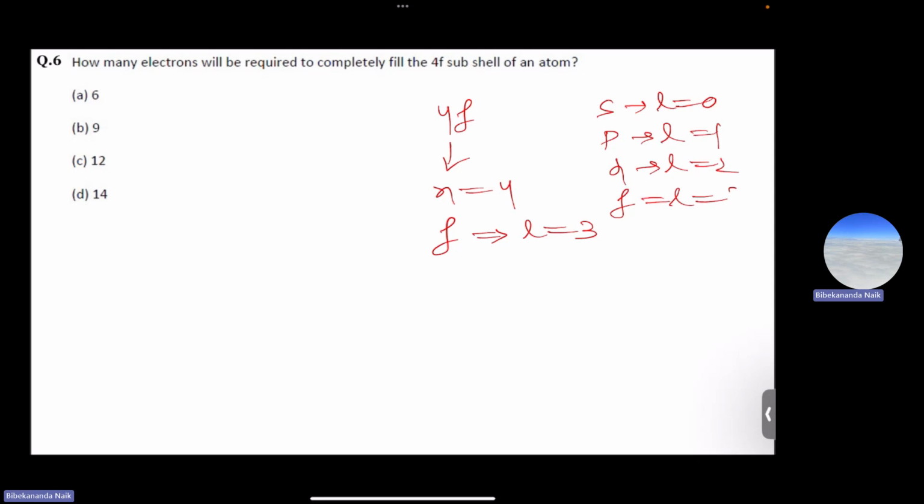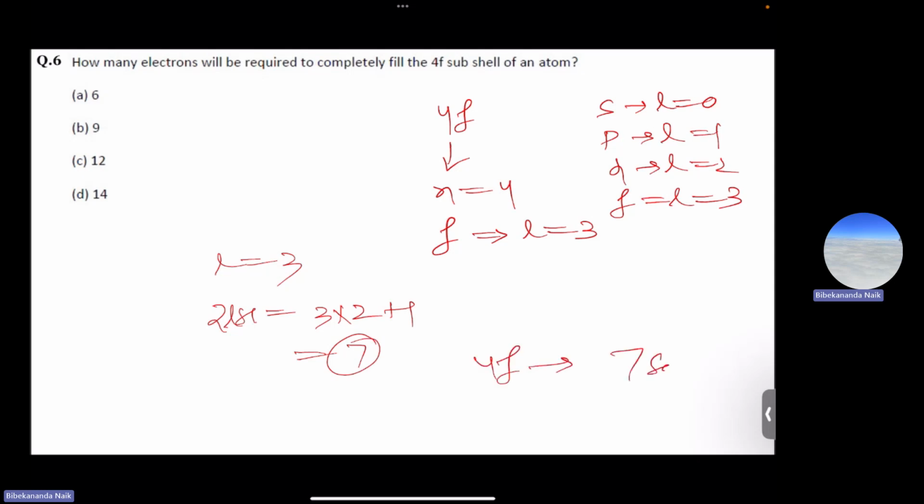Now for a subshell having value l, it has 2l plus 1 suborbitals. Then for l equal to 3, 2l plus 1 will be 2 into 3 plus 1, it is 7. So 4f has 7 suborbitals.